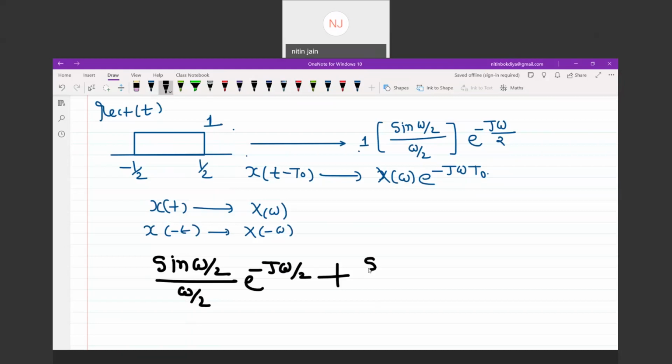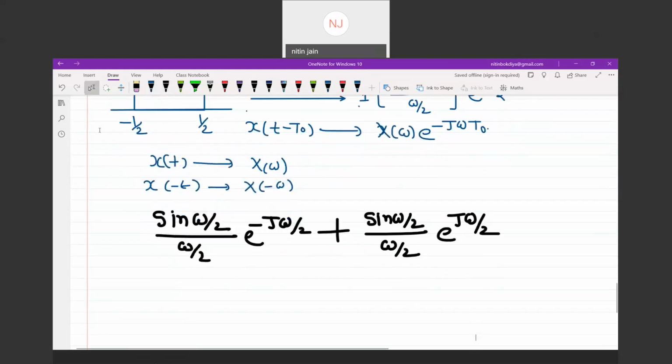Next function will be sine of omega by 2 divided by omega by 2 into e to the power j omega by 2. So what we can say, the function will be sine of omega by 2 divided by omega by 2 is common, and e to the power j omega by 2 plus e to the power j omega by 2 minus omega, it is cos of omega by 2, and you can cancel this one.